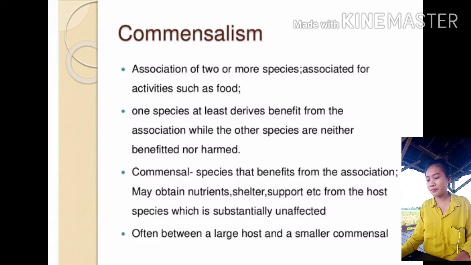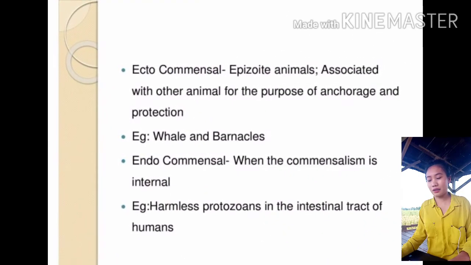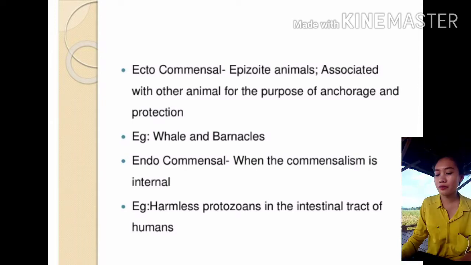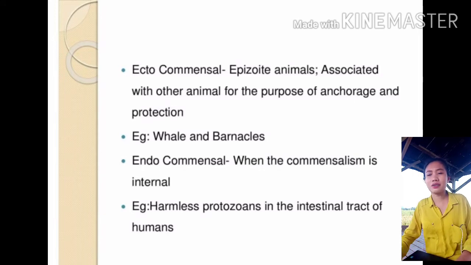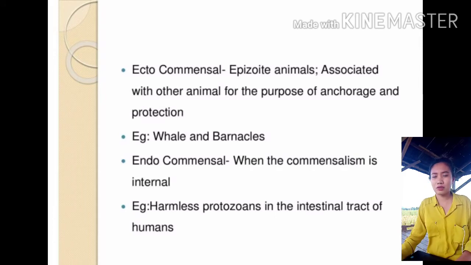Depending on the scale or size of the host and the commensal, we have the ectocommensal. These are epizoic animals associated with other animals for the purpose of gaining protection. In an ectocommensal interaction, one organism lives on a certain animal or organism to gain protection.